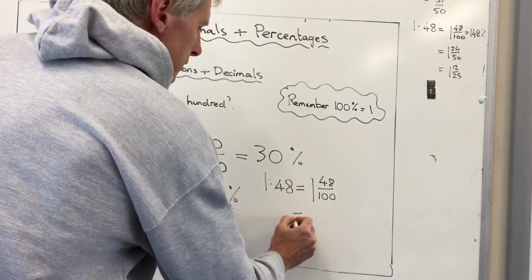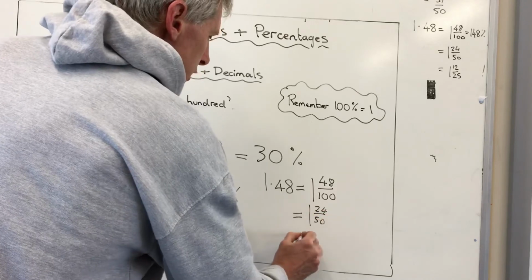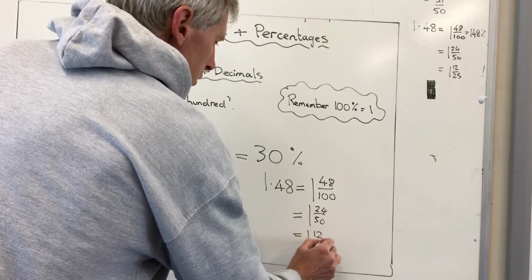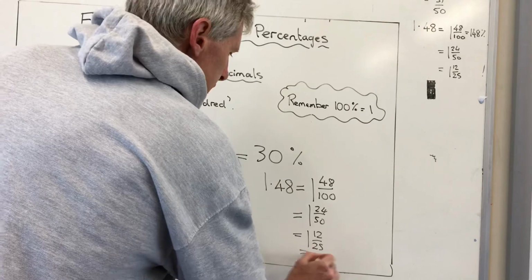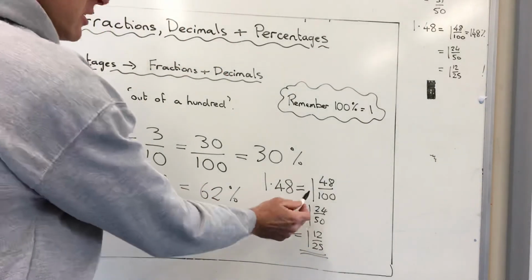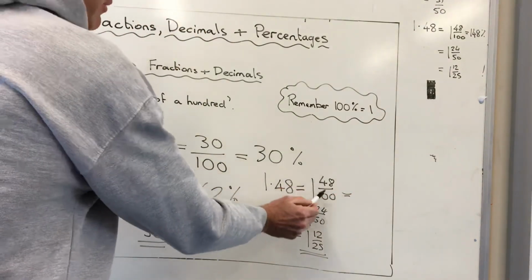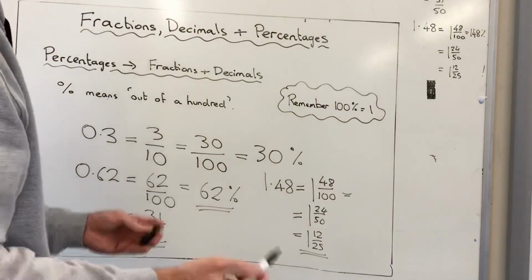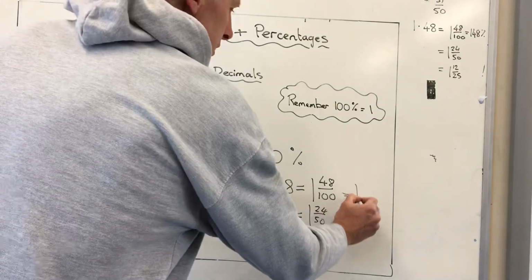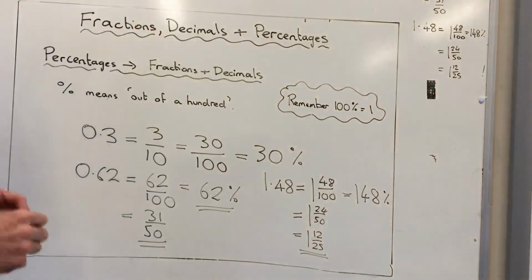So lowest terms, divide by 2, 24 over 50, divide by 2 again, 1 and 12/25. There's our fraction, there's a mixed number. Our percentage, well, remember 1 is 100%, and we've got 48 out of 100, so that's another 48%, so it's just 148%.